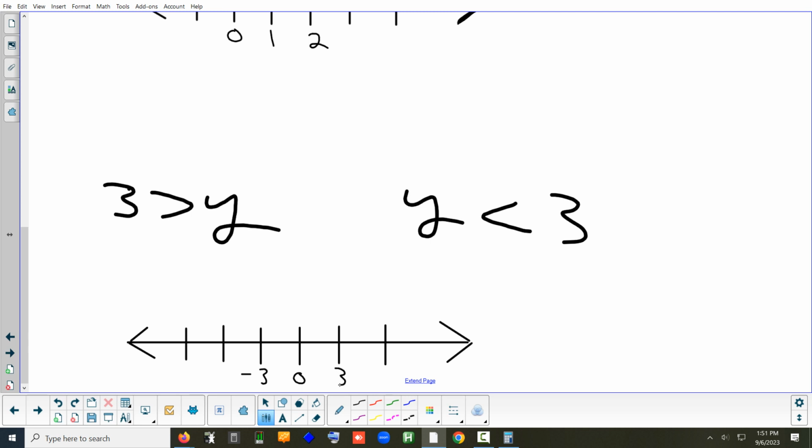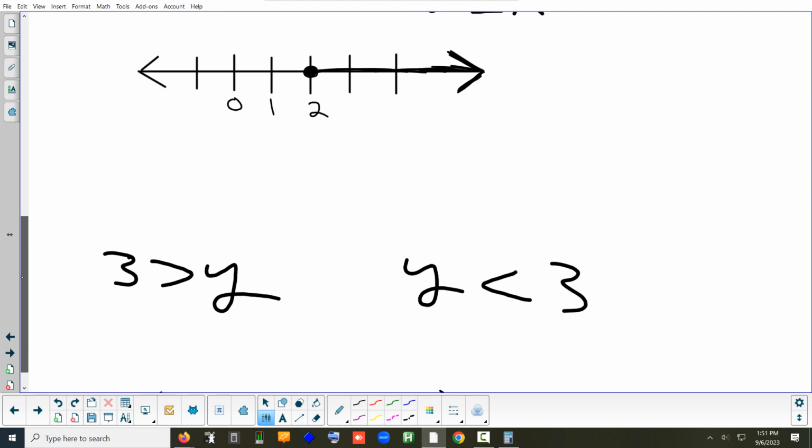Open or closed? Oh, yep, perfect. Open circle. And Lance, which way am I going to shade from that open circle? You're going to shade to the left. Yep, we're going to shade to the left. Perfect. Yep, that's how you do that.